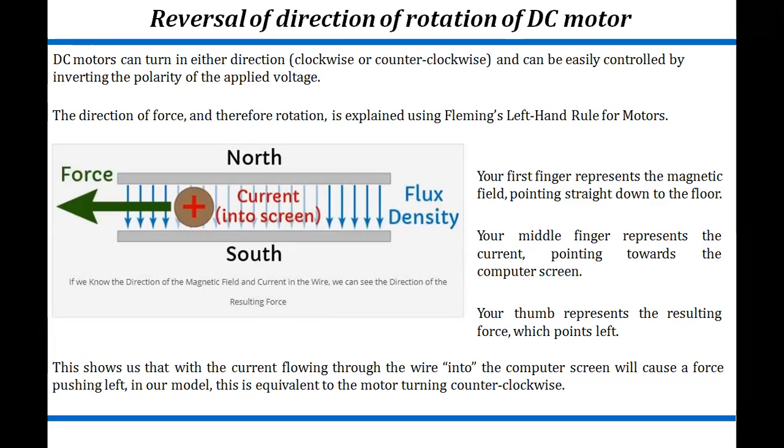If EMF gets introduced according to Faraday's law, and the conductor is placed perpendicular to the magnetic flux, then the current will be perpendicular to that magnetic field. This we have seen in Fleming's right hand rule. But what we are supposed to do here is reverse the direction. So we can reverse that direction only by making the polarity of the applied voltage reverse. It means here we can invert the polarity of our applied voltage.